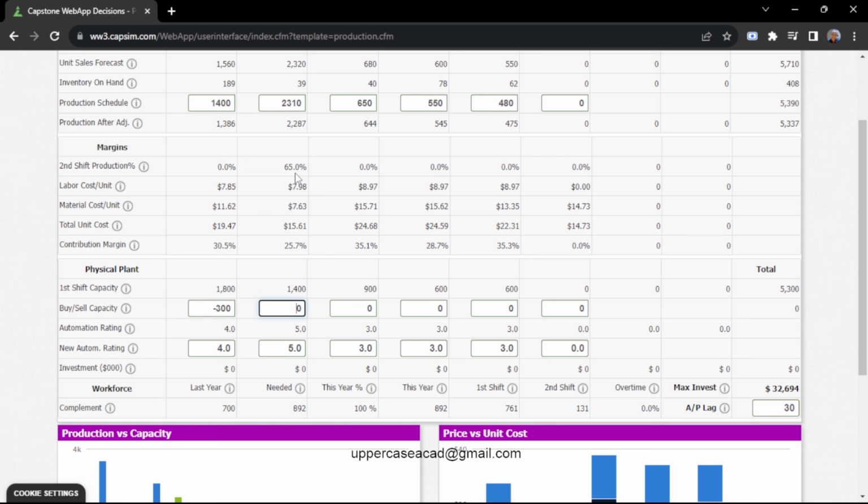Then for this one, because I feel like I'm going to have an increase in demand, I'll buy a capacity of 100. Then for this new product, because I want to sell it in the coming future, I'll have to invest in its production. So I'll invest in a capacity of 300.